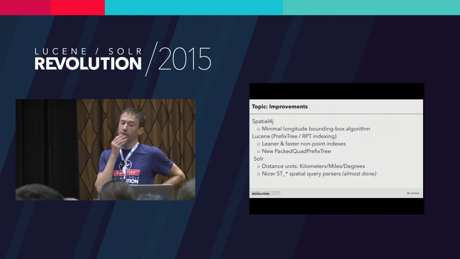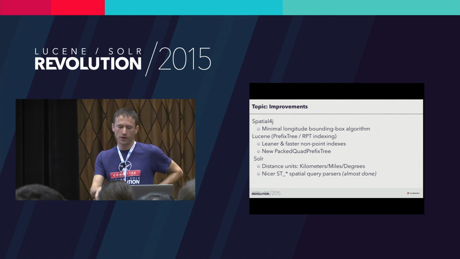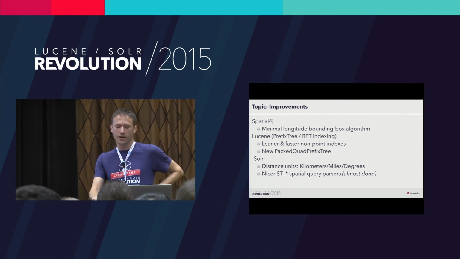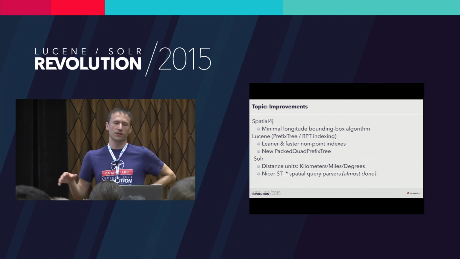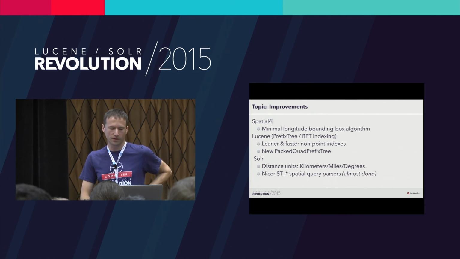So that was a huge win for those people that have, again, non-point data in their index. And it didn't change the index format. It just emitted fewer terms to represent the shape in question. And I just adjusted the queries to be mindful that certain terms they were expecting aren't there. So that was a big win.